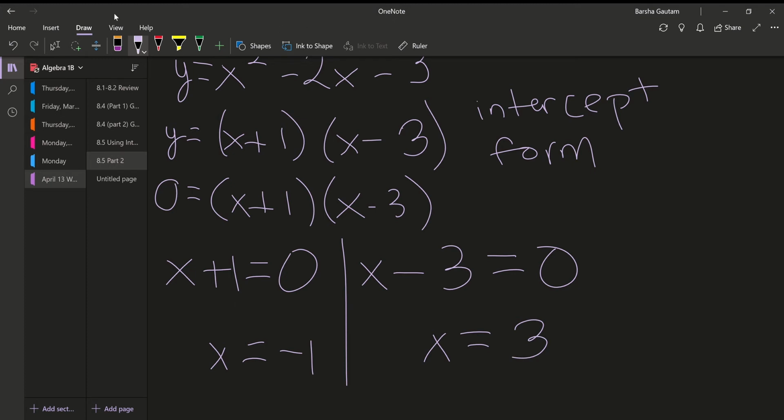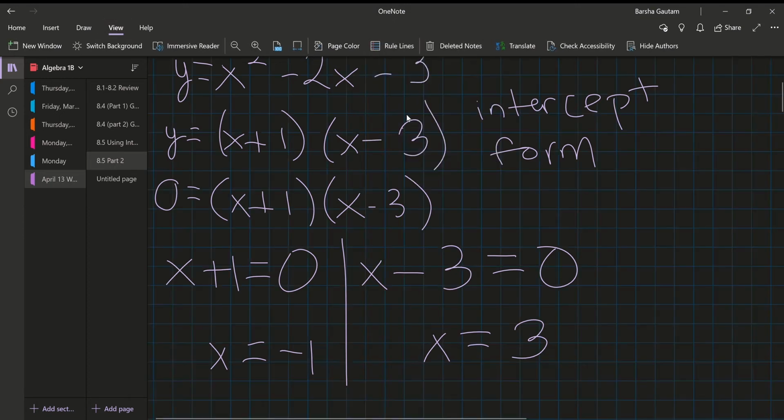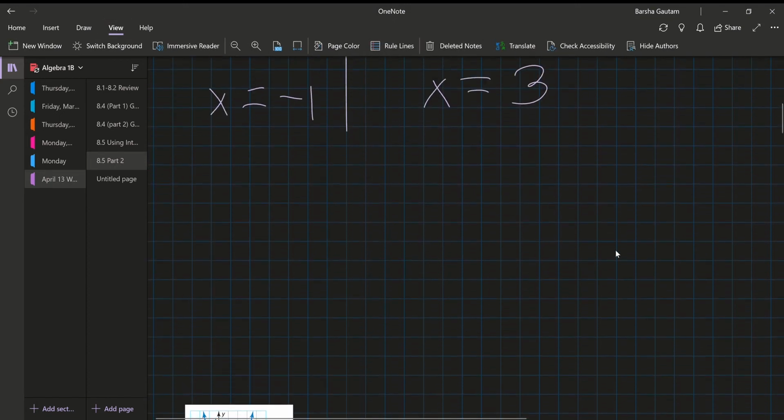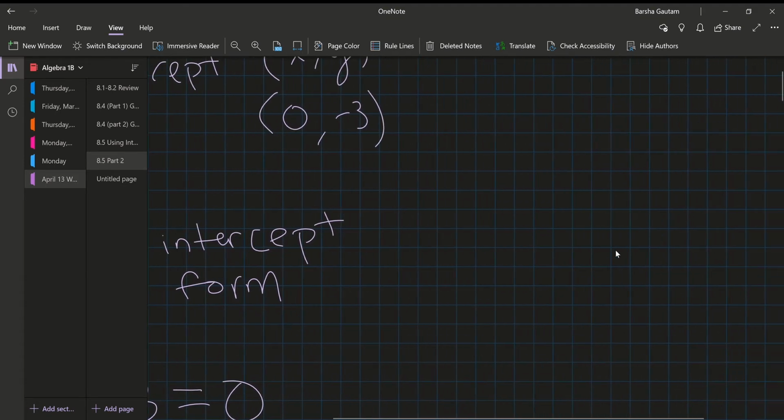So let's go ahead and start our graph now. Let's get our graph in here. We'll do it right over here.